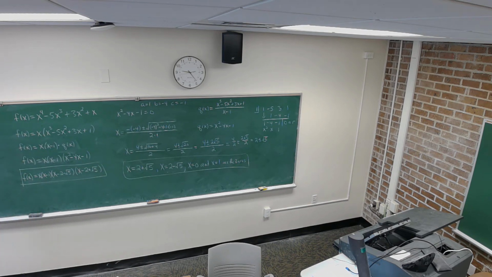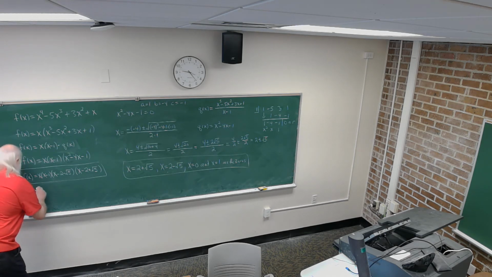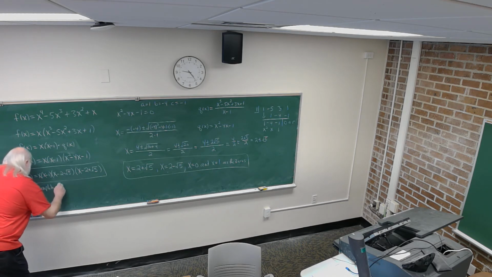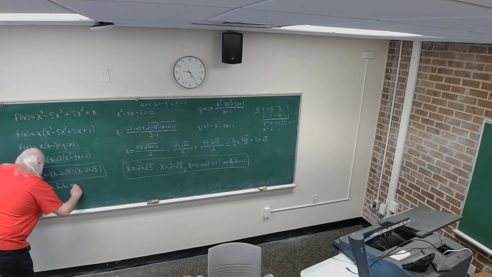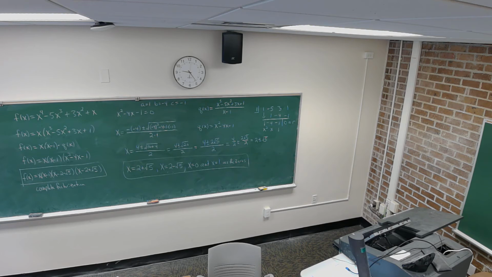So that gives us the complete factorization of f of x. So those are the 4 zeros, and this is the complete factorization. Okay.